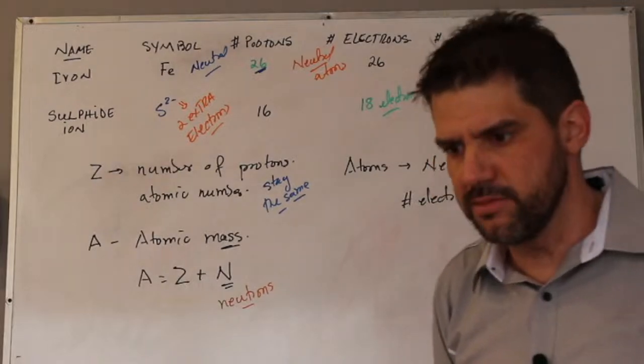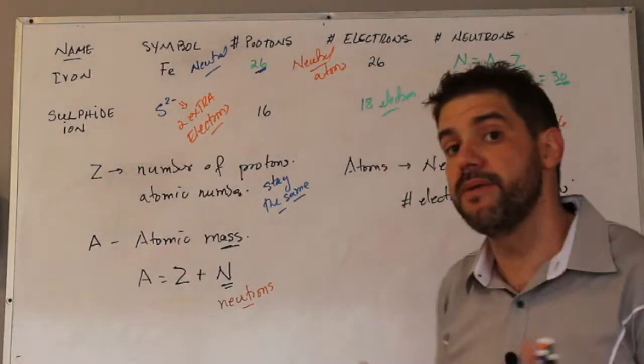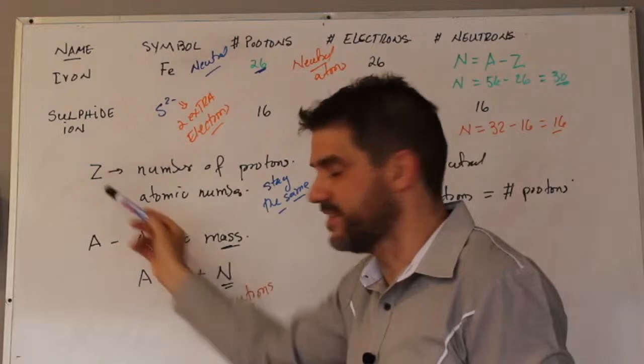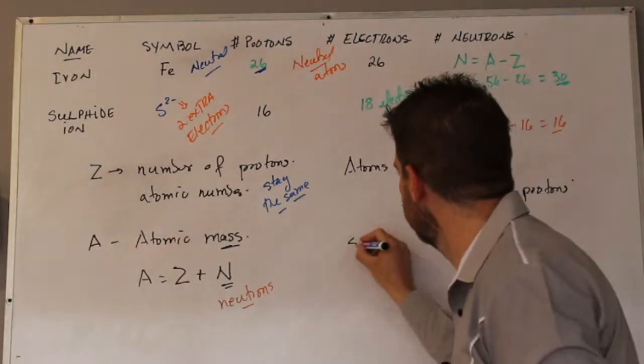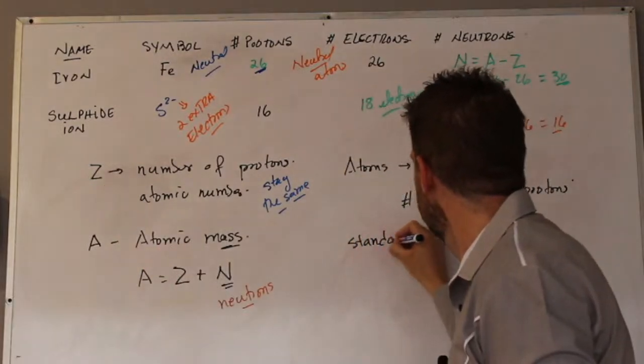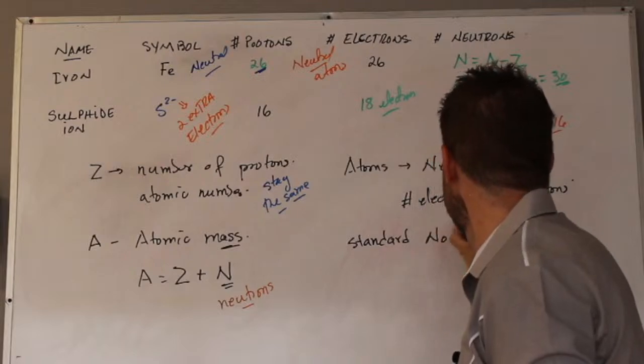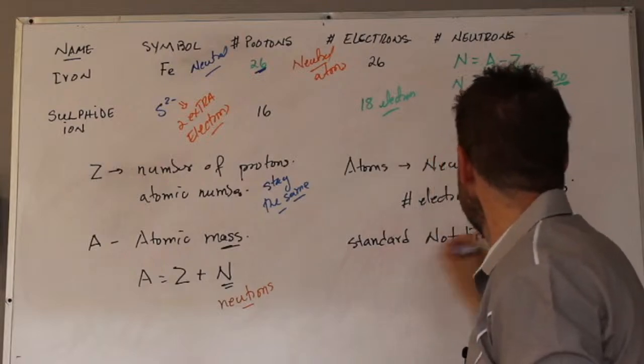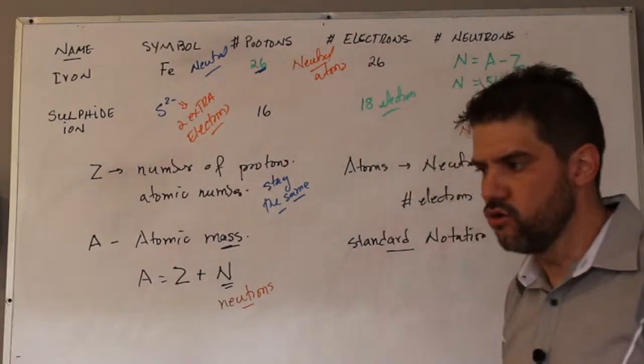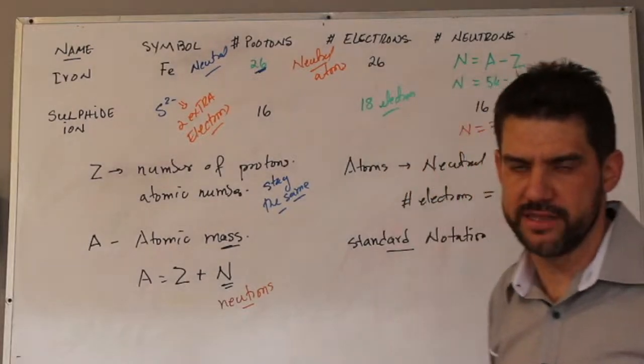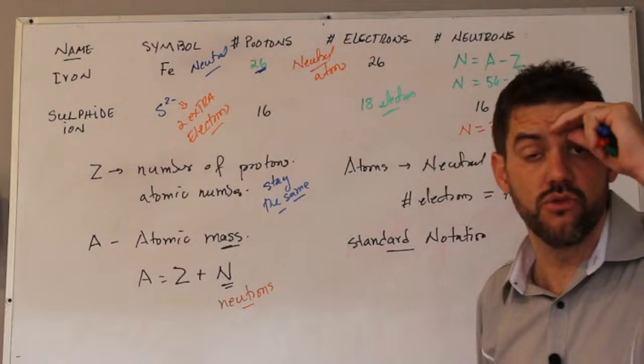Now, there is something else I want to add that could be asked, and it's related to AZ, which is the standard notation. The standard notation is not the blocks that you see in the periodic table. We use a standard notation to represent atoms.